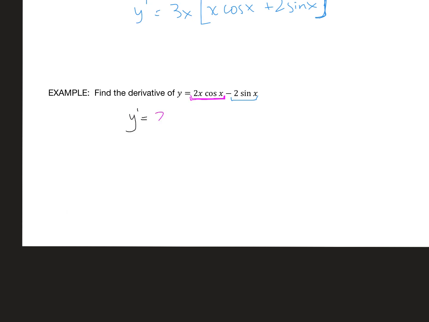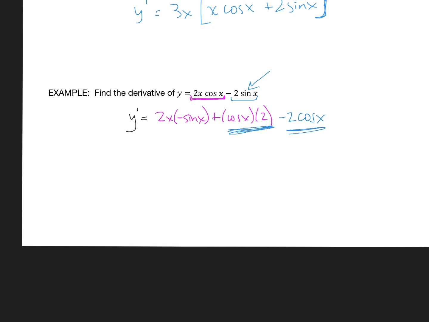So it is the first times the derivative of the second plus the second times the derivative of the first. And then don't forget, you still have to do the derivative of this little guy that's hanging out, which is negative 2 cosine x.